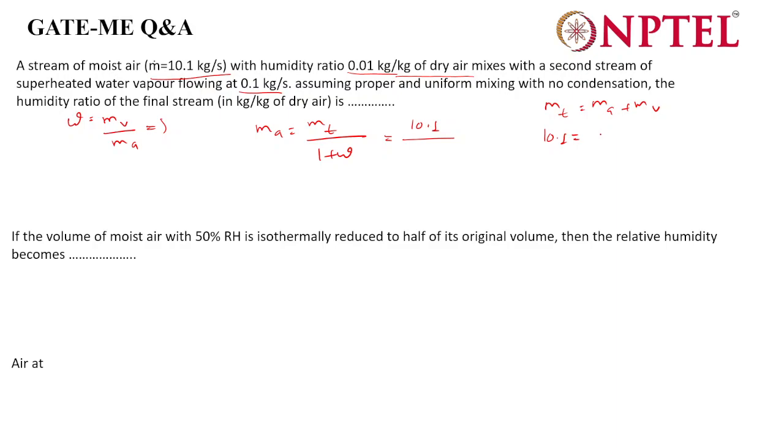Can you convert all of them into one variable? Like here you can convert mv as omega ma, and this ma will become common and it will become 1 plus omega, right? This way, right?